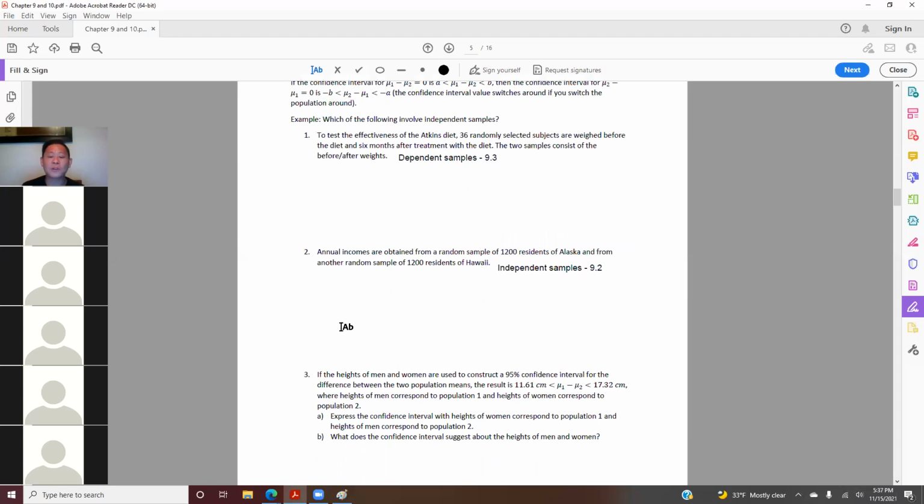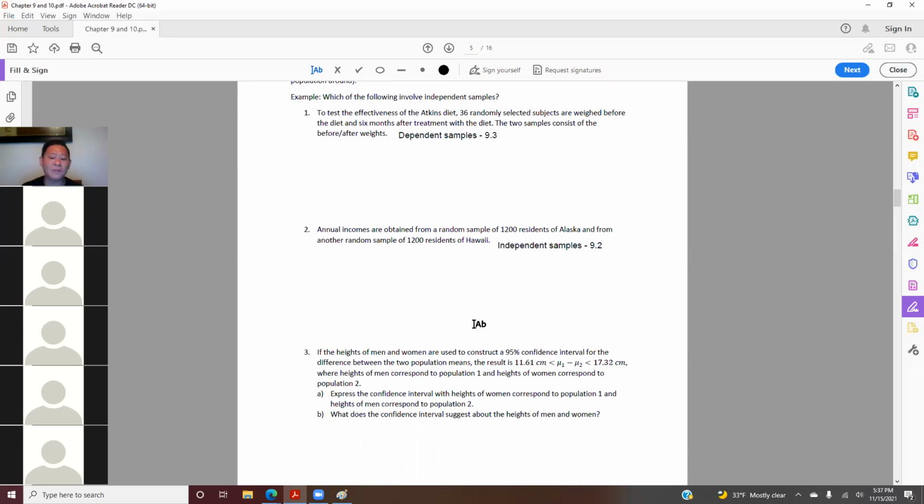Now let's talk about question 3. If the heights of men and women are used to construct a 95% confidence interval, we find 11.61 centimeters is less than mu1 minus mu2, which is less than 17.32 centimeters, where population 1 is men's height and population 2 is women's height.